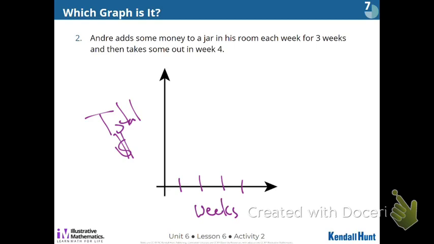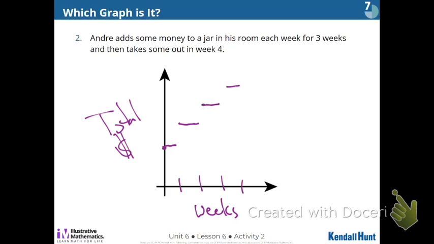So check this out. This is a really cool function. I'm going to assume that he starts with some money. Did he give us 100? Okay? And so for the first week, there's that much money. At 1 week, more money in there for that week. The next week, more money.